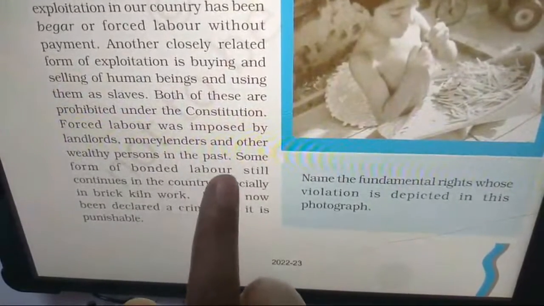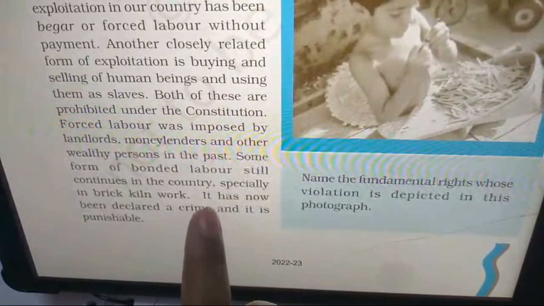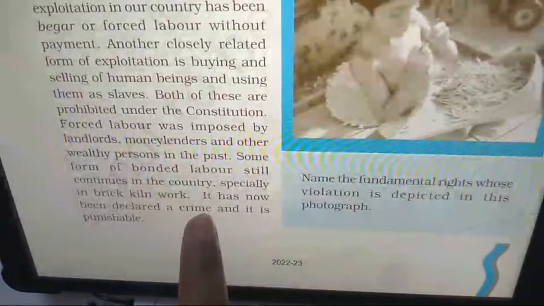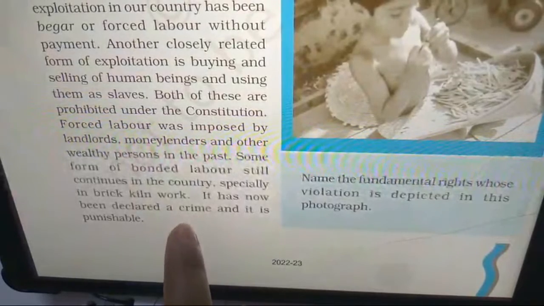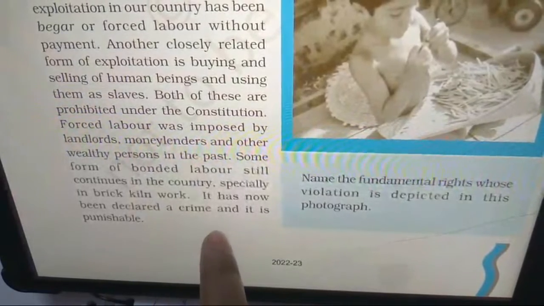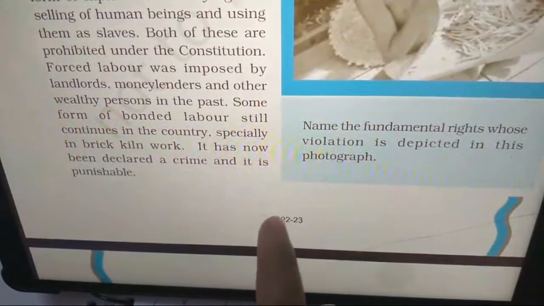Forced labor was imposed by landlords, moneylenders, and other wealthy persons in the past. Some form of bonded labor still continues in the country, especially in brick kilns. It has now been declared a crime and it is punishable.